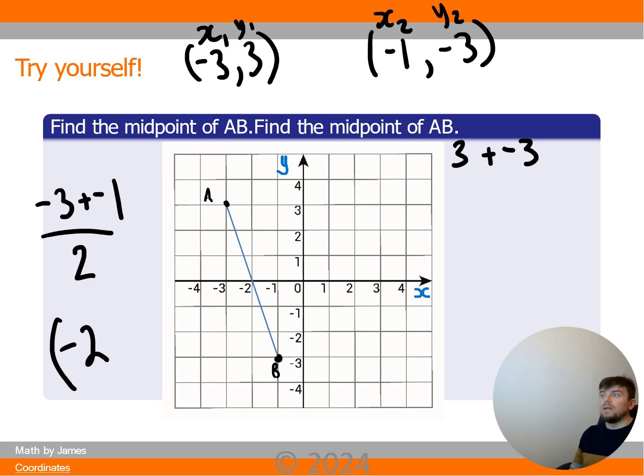So 3 plus -3 is 0. Over 2 gives us 0. So our coordinate is -2, 0, as can be seen visually there.